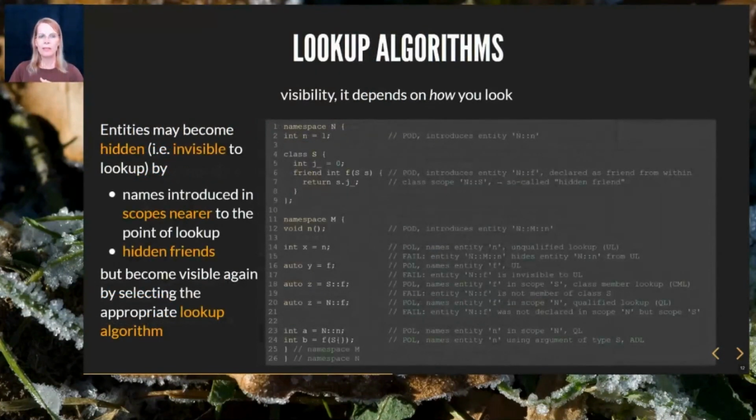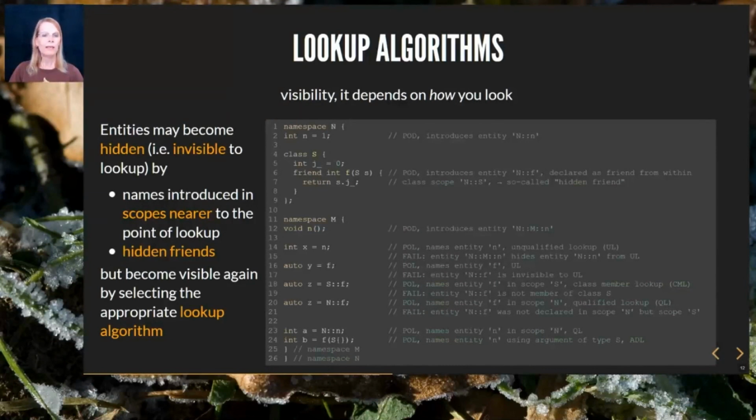Sometimes it takes different kinds of lookup algorithms to find a name. Maybe a name in a sibling namespace, or in an outer namespace, where an entity of the same name is also declared at a namespace that is nearer to the point of lookup.